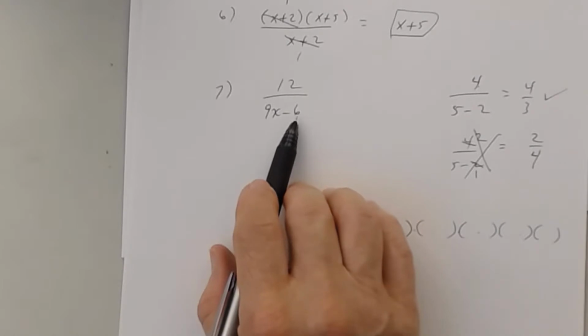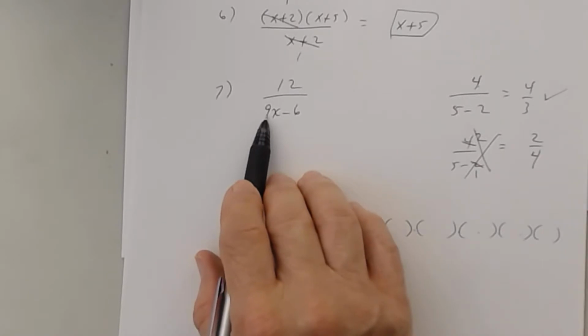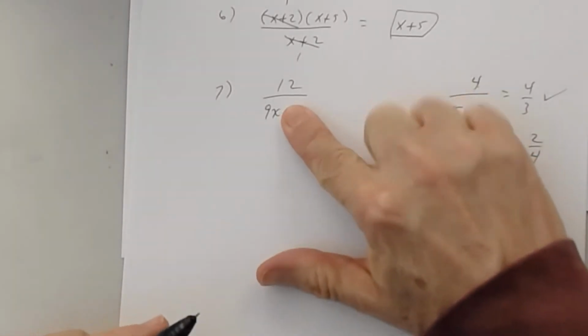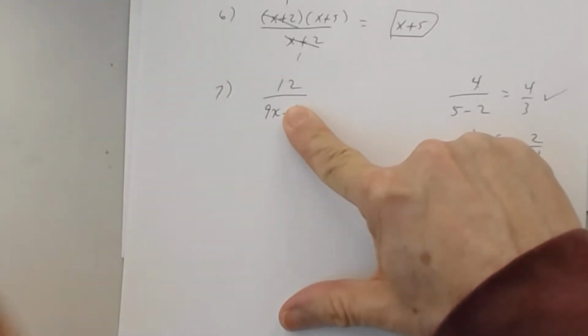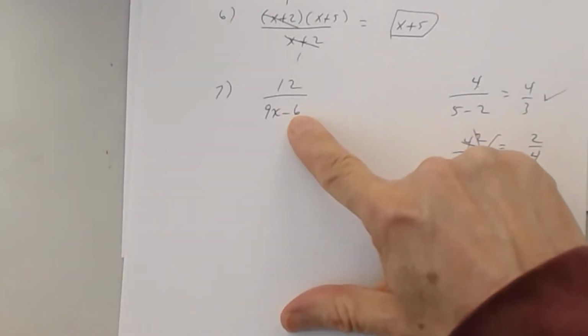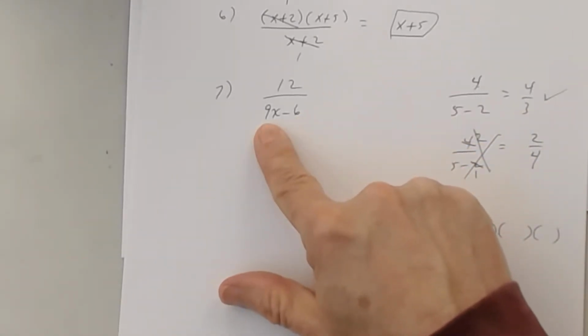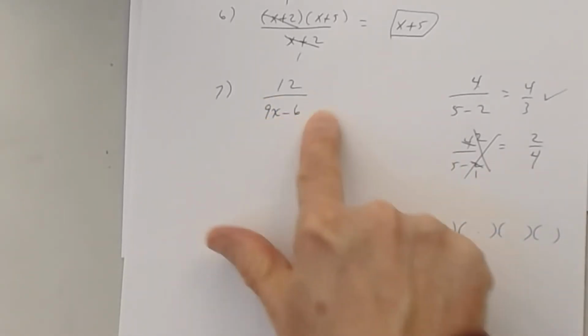So no, you cannot reduce the 12 and the 6. You cannot even reduce the 12 and the 9. You could reduce the 12 and the 9 if that 6 wasn't there. Notice the difference. If that 6 wasn't there, then 9x is written as factors: 9 is a factor, x is a factor. But the fact that you're subtracting something from it makes the 9x no longer a factor. This whole thing has to be put together.